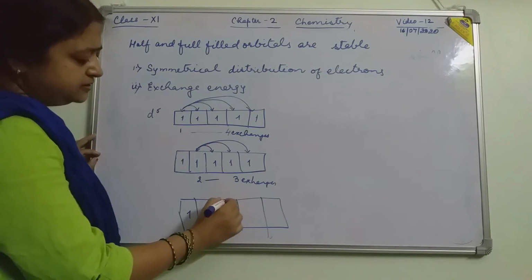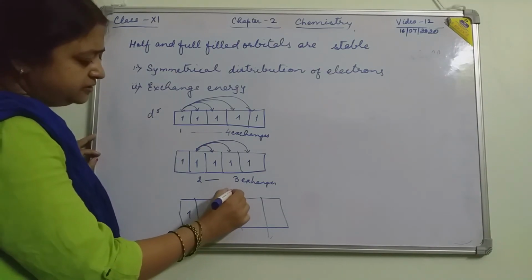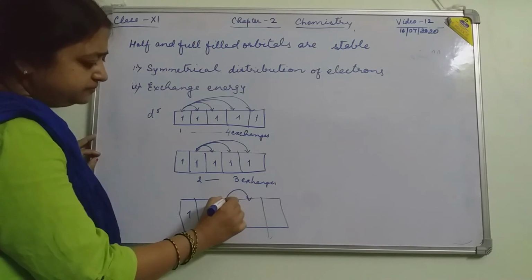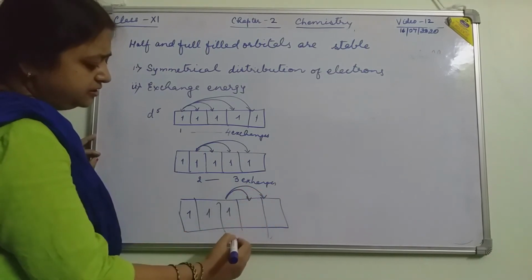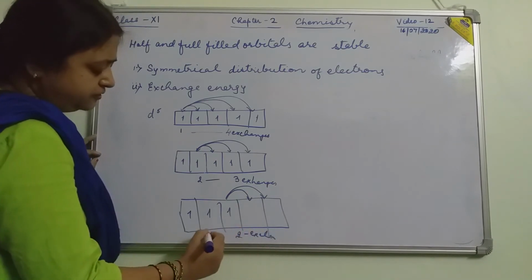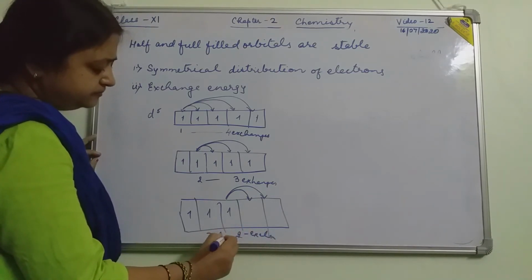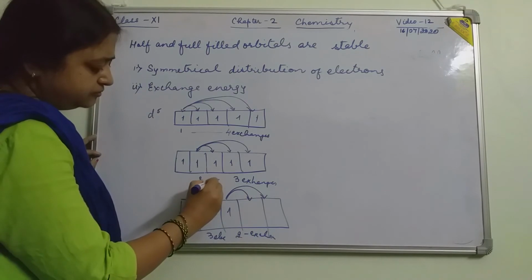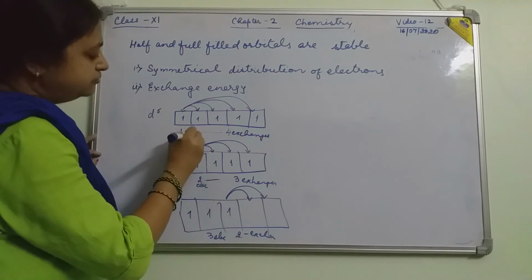So, if we consider the exchange of energy with the fourth and fifth, there are only 2 exchanges for the third electron, for the second electron, for the first electron.